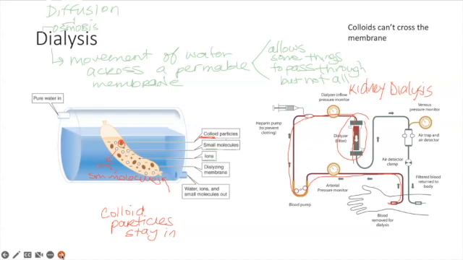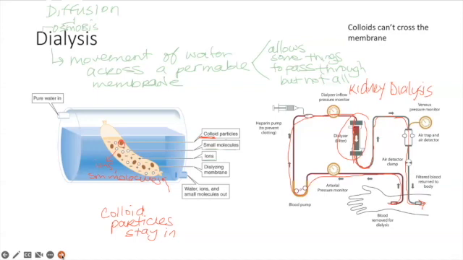Keep that in. So we filter that out using a permeable membrane, and concentration gradient going from high to low. That's a concentration gradient. Now we have good clean blood that we kept the important stuff in, like cells, and we can return it to the body.